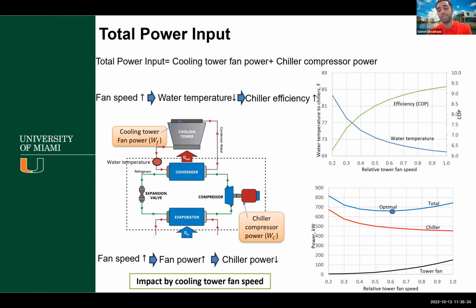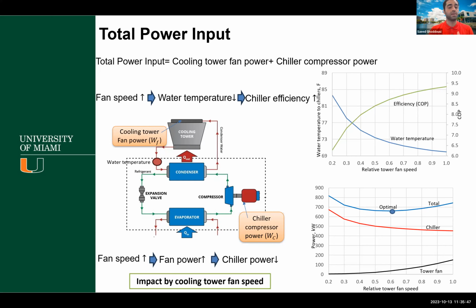As you can see in the right-hand side bottom figure, the optimal point of our cooling system is somewhere around 60% of fan speed, not at the highest or lowest speed. This is for one condition that we bring here, but the thing is that we are trying to find the optimal point.